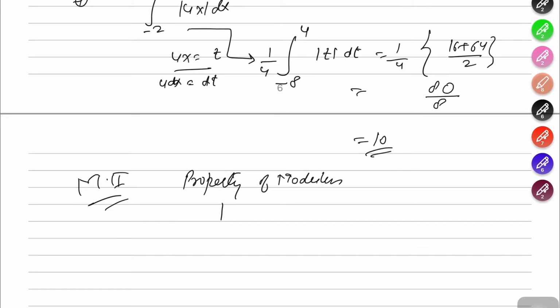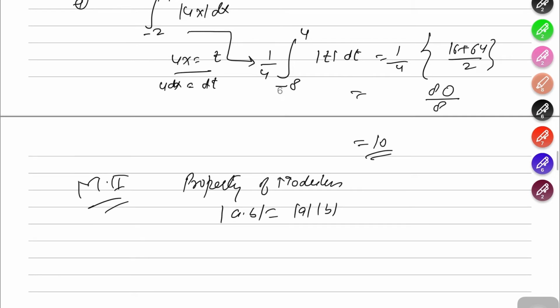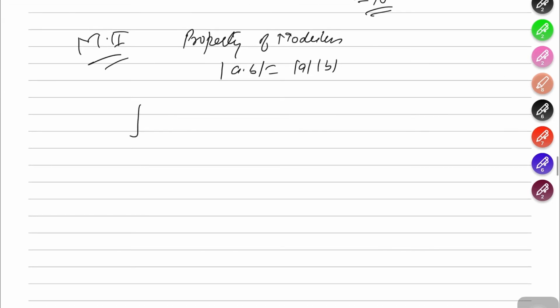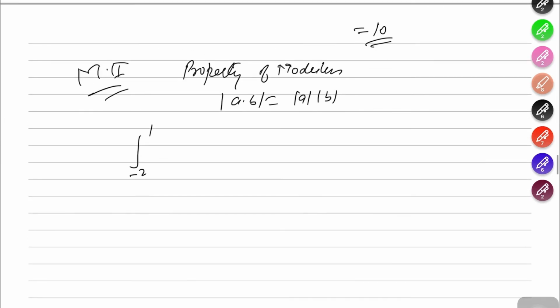This problem can also be solved by the property of modulus, that mod of ab is equal to mod a times mod b. So in the same way, the integral from minus 2 to 1 of mod 4x dx can be written as the integral from minus 2 to 1 of 4 mod x dx.